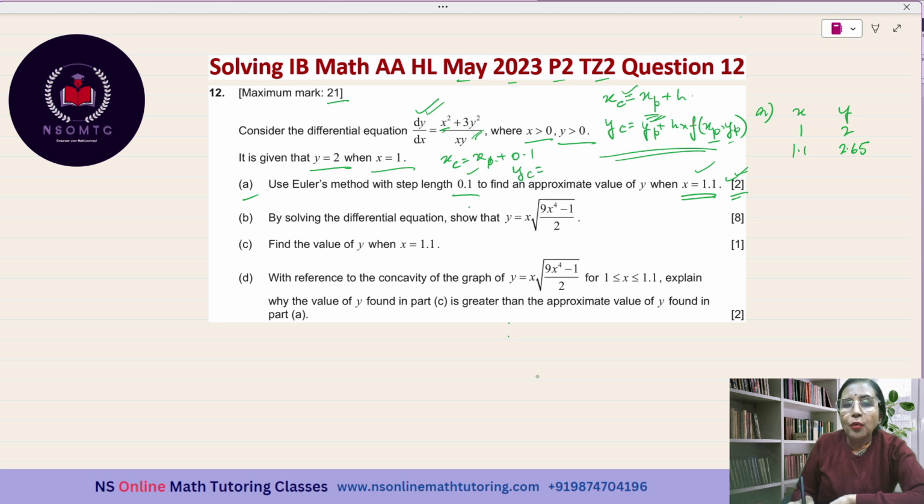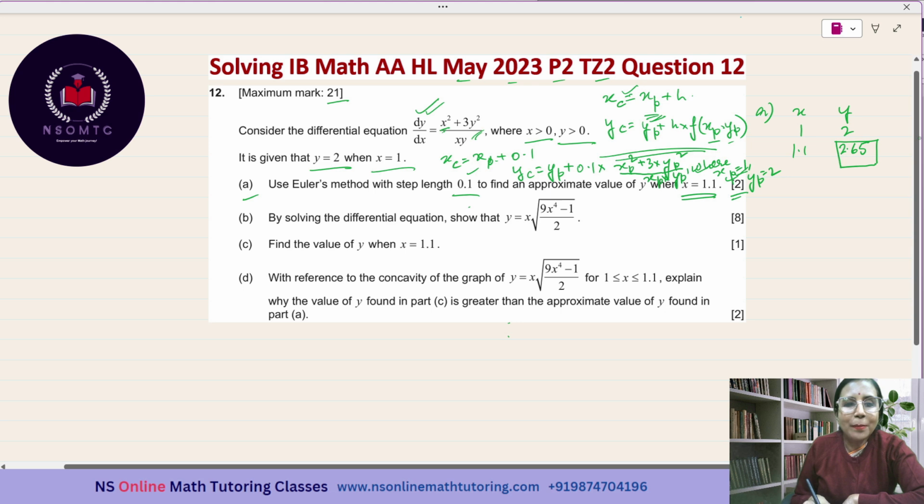This is equal to yp plus 0.1 times xp square plus 3 times yp square over xp times yp, where xp is equal to 1 and yp is equal to 2. Okay, you can write this and you get this. This will be the answer.